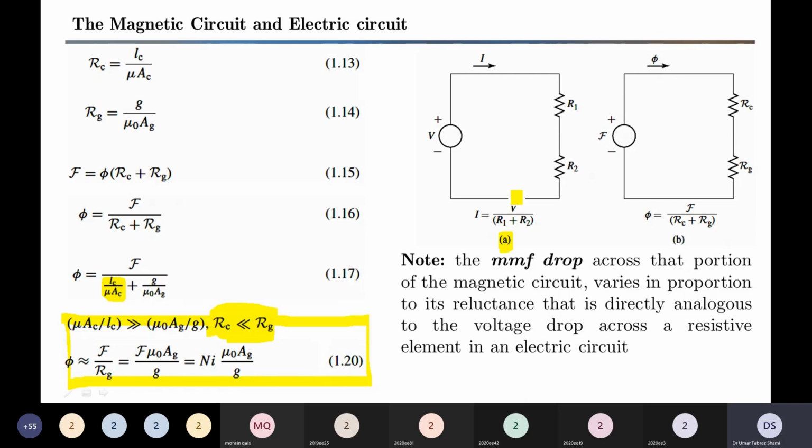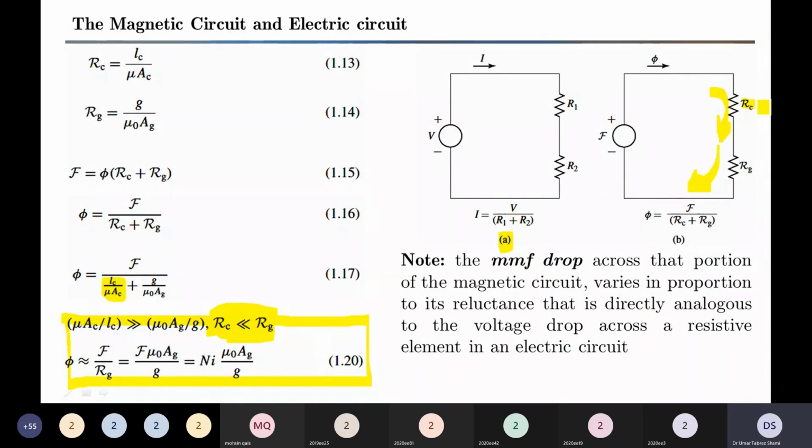On similar terms, for our magnetic circuit, we have magnetomotive force, Ni, MMF, as the source of flux. Then there is the flux which will pass through the reluctance of the magnetic material and the reluctance of the free space.